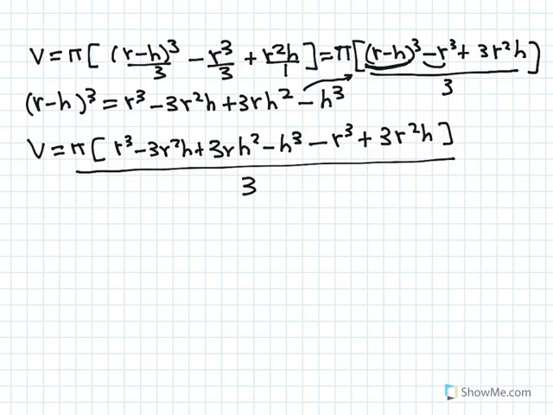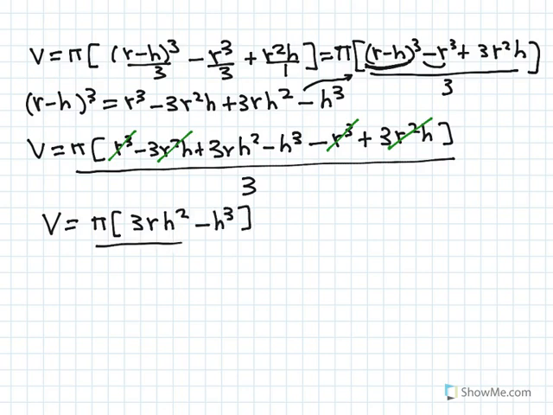Well, we get more simplification. Now we have r cubed canceling with r cubed, and minus 3r squared h canceling with plus 3r squared h. So there's not much left. What we get is volume is equal to pi times 3r h squared minus h cubed divided by 3.